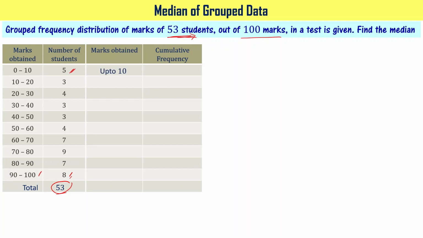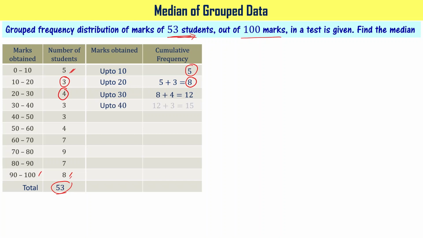For that, up to 10 we have 5 students. Up to 20 is going to be 5 plus 3, that is equal to 8. Up to 30, 8 plus 4, that is going to be 12.